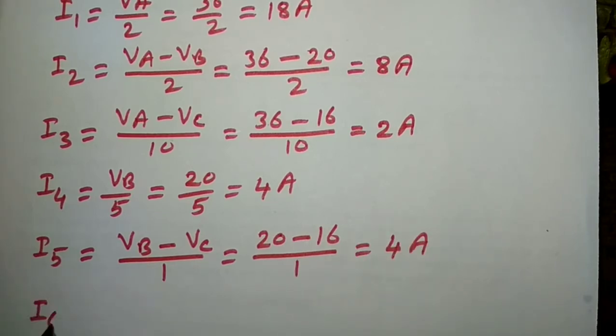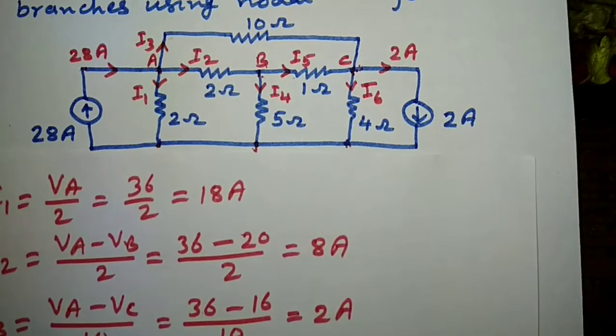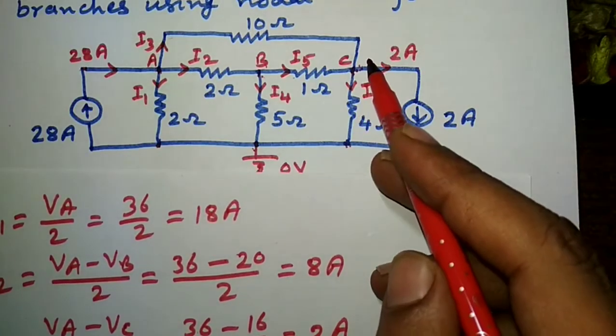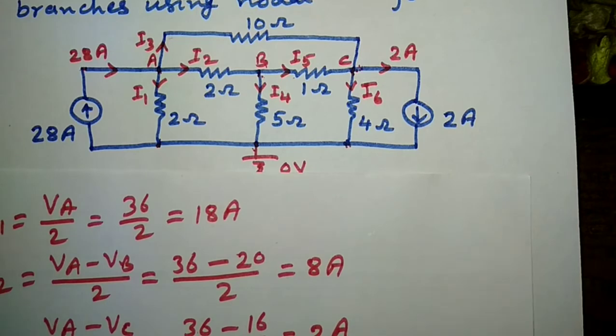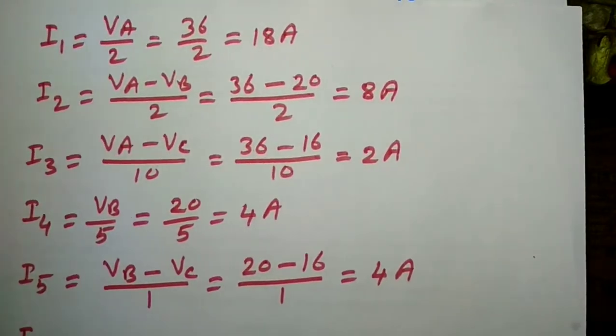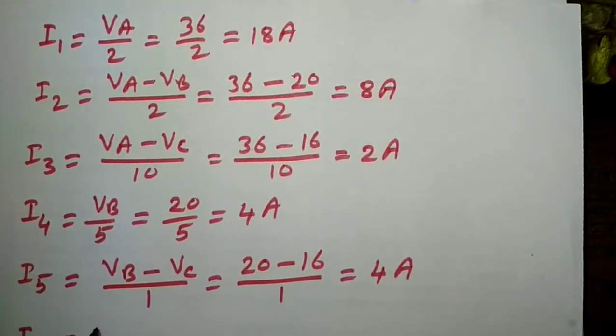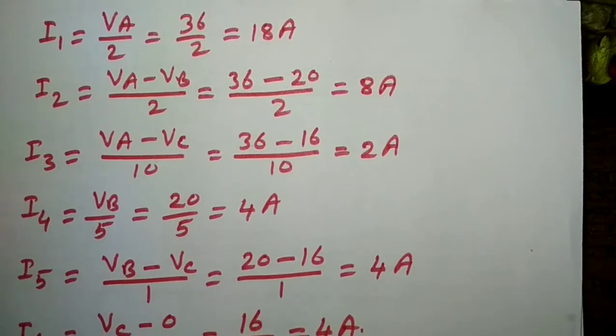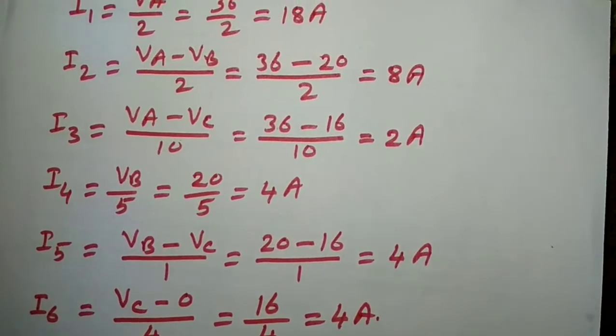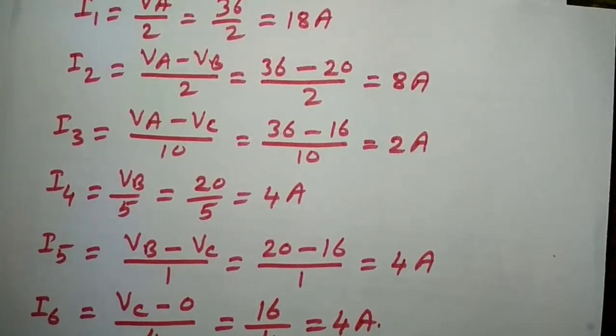And finally I6. I6 is from VC to 0. So it will be VC minus 0 upon 4. VC is 16 upon 4, and that is 4 ampere. So these are the values from I1 to I6.